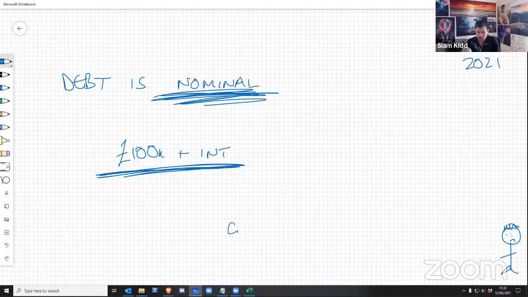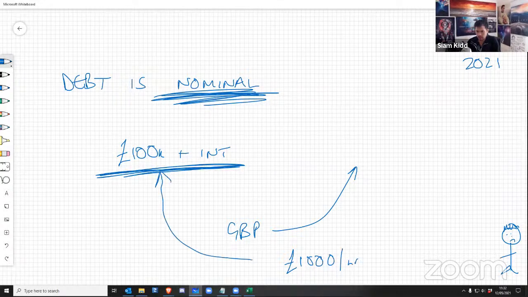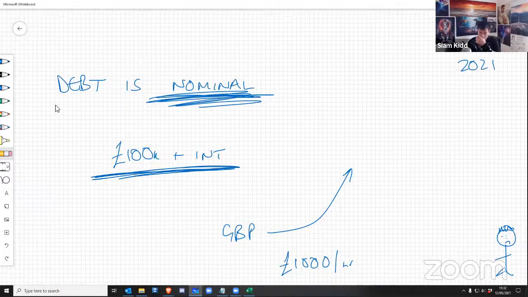Now, if the pound sterling suddenly went wee in terms of hyperinflation, and it's got so bad that the average wage is £1,000 an hour, well, don't you think I'm going to be paying this debt off a lot faster than normal? So that is why debt is nominal. So this is why I need to borrow as much as I can in pesos.